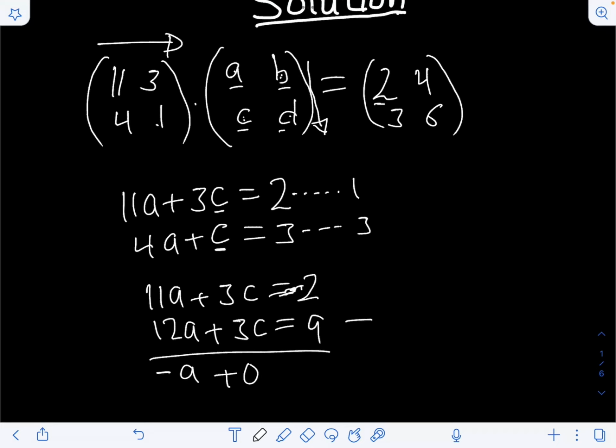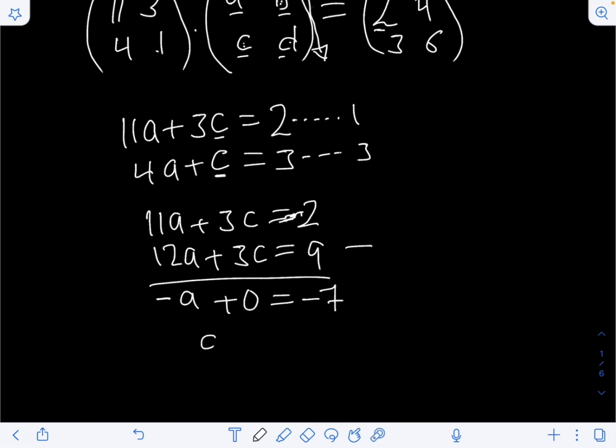Because this one actually should be negative A. 11A minus 12A will give us negative A, okay, because 11 minus 12 was 1. So this 12 is more than 11, so that will be negative. This one should give us what? 2 minus 9, which is negative 7. So that means A is equal to what?